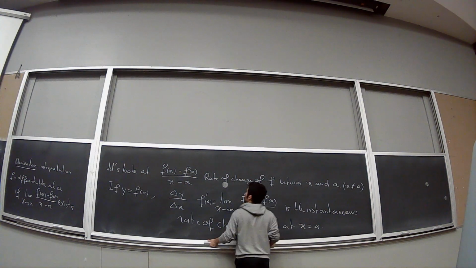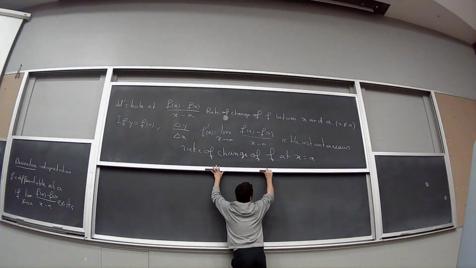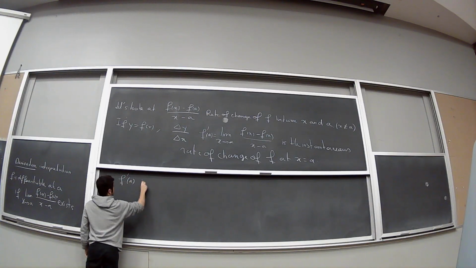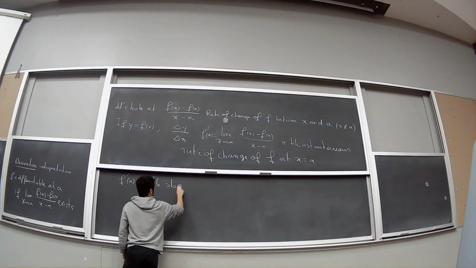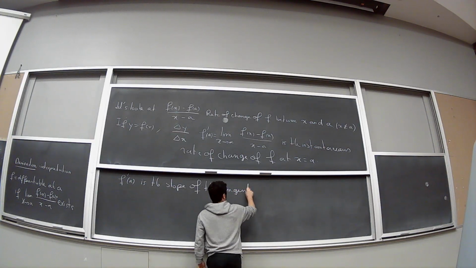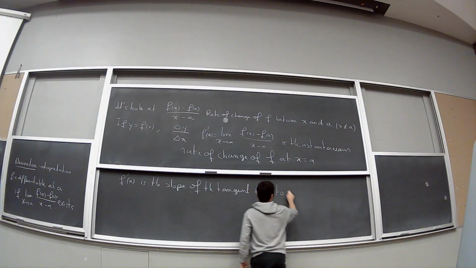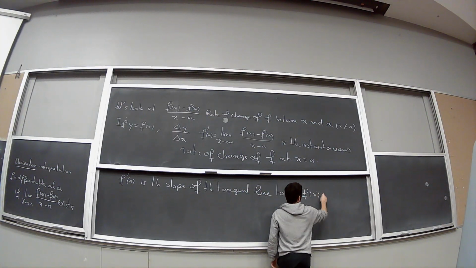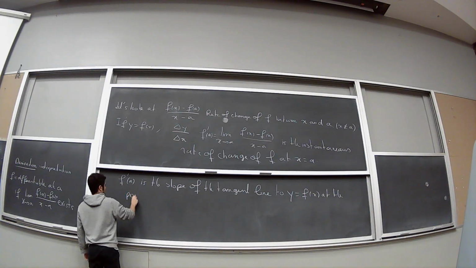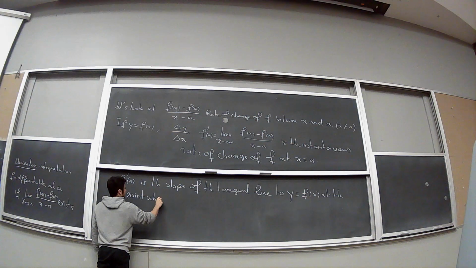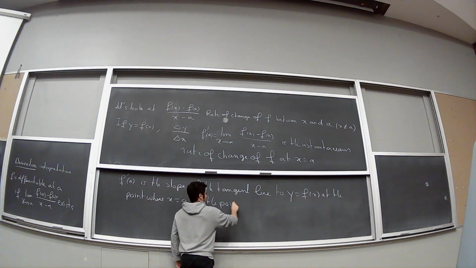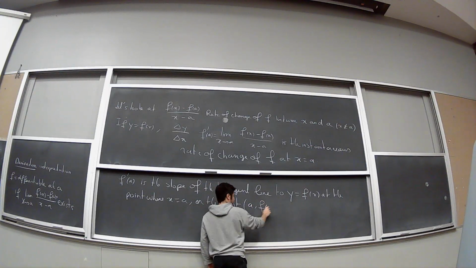So we also have seen that f prime of a is the slope of the tangent line to y equals f of x at the point where x equals a, or the point a, f of a.